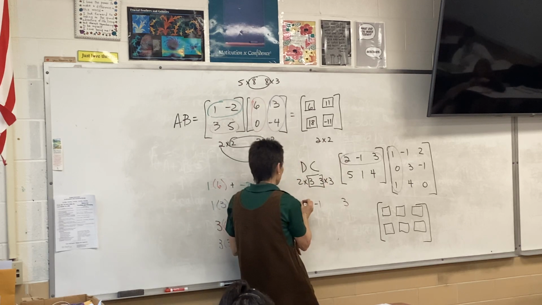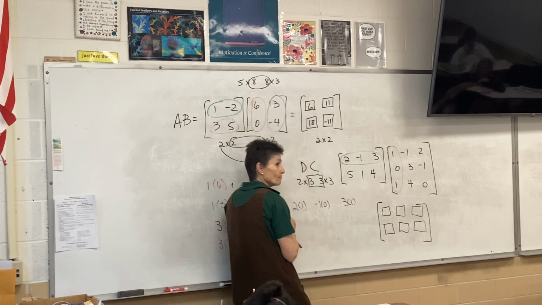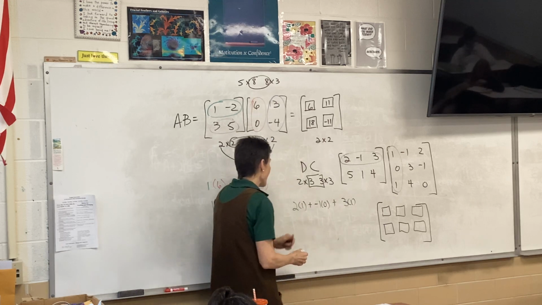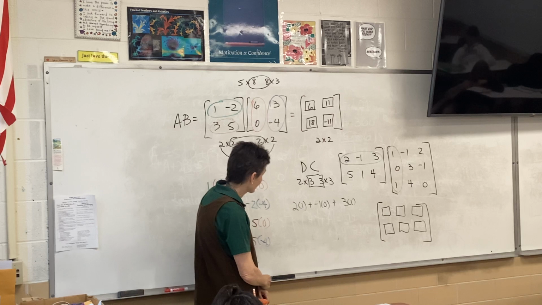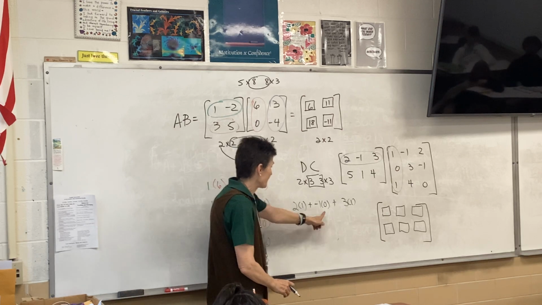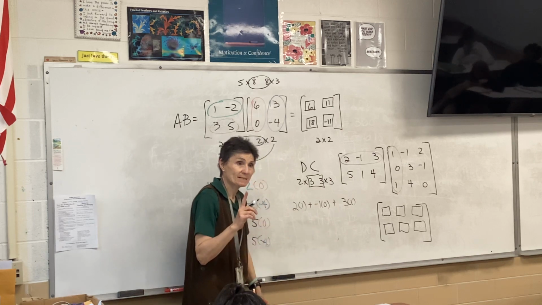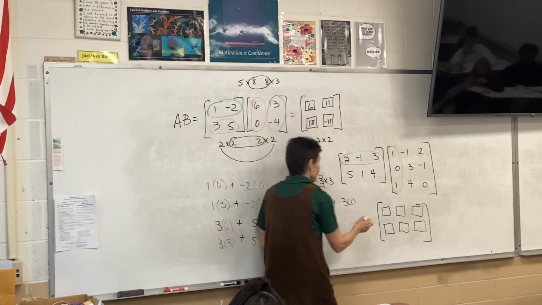And then next to it, write your column. 1, 0, 1. See how I'm pairing them up? Multiply and add, and it looks like that first number is 5. Remember, when you times by 0, you get 0, so 2 plus 3, that's a 5.